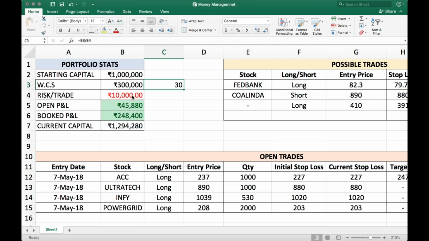It cannot happen that 30 trades you have done and all the 30, one after the other, everyone is stopped out. Very, very difficult. If you manage to do so, you're exceptionally bad. If you have actually managed to do so, you are talented and you should not trade. You should do something else. Is that fine? Is that fine?